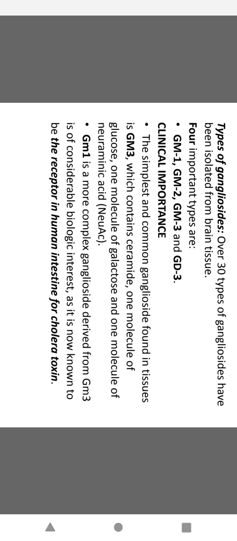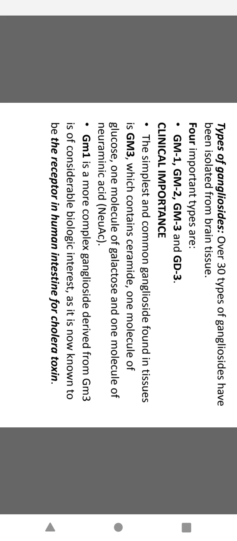Then types of gangliosides. Over 30 types of gangliosides have been isolated from brain tissue. Four important ones are major: GM1, GM2, GM3, and GD3.